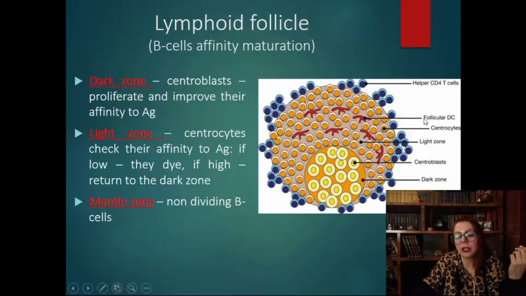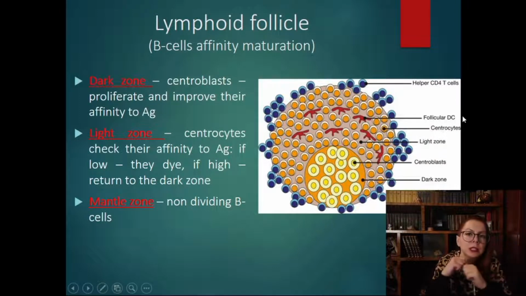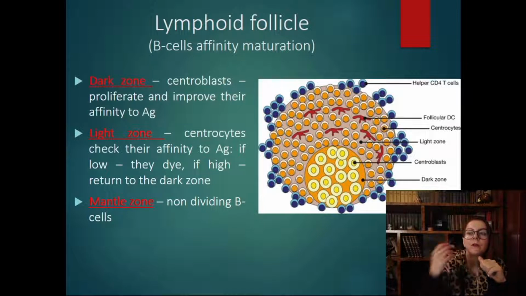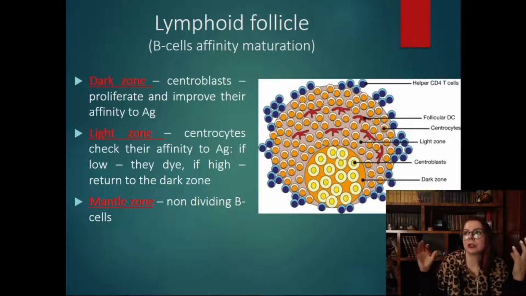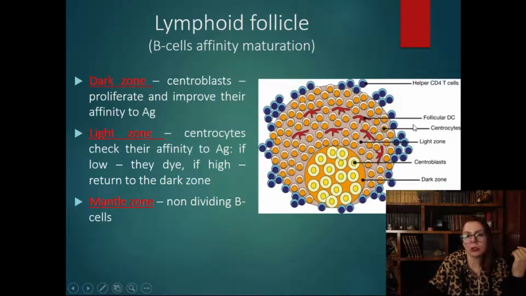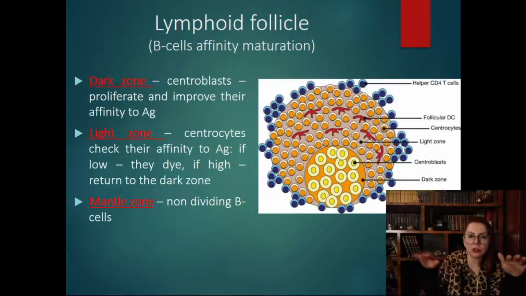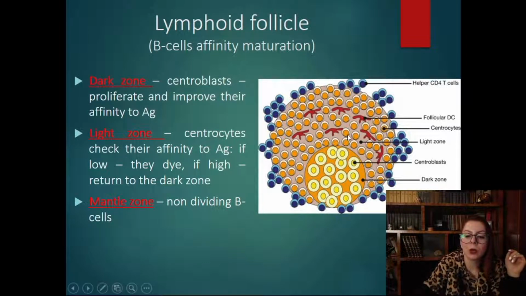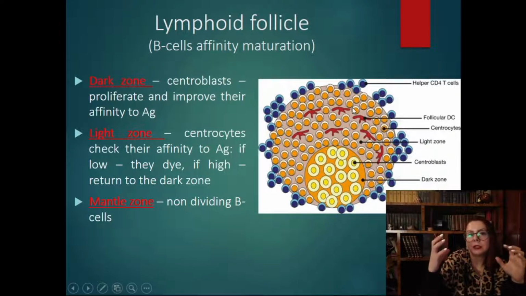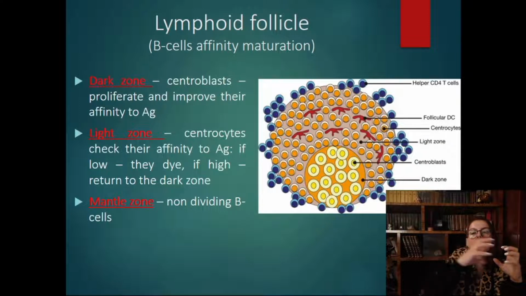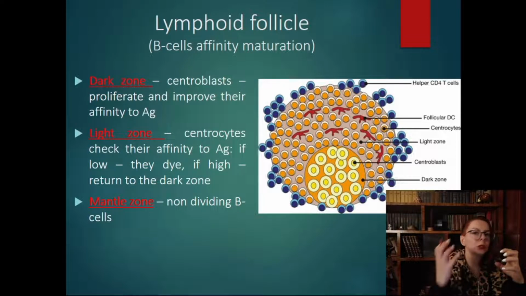Here a special type of follicular dendritic cells are located. Their function is just to capture and to hold antigens on their surface. So they do not phagocytose, they do not digest antigens, but they simply retain antigens on their surface. So when centrocytes appear in the light zone, they try to test whether their antibody has high affinity to this antigen, or maybe the affinity was lost.